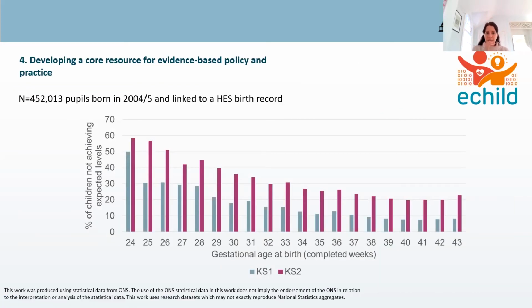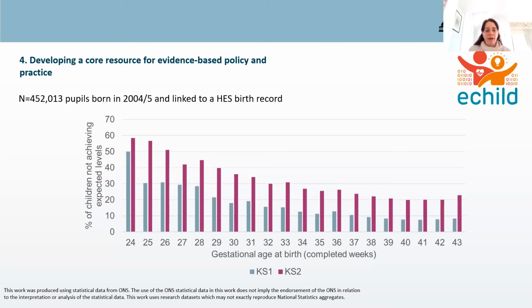And along a similar theme, we can use this mother-baby linkage or longitudinal linkage to enhance other data resources. This plot here is based on a study called eChild, which links hospital episode statistics, or HES, so hospital admission data in England, with the National Pupil Database, which contains information about all pupils attending state schools in England.